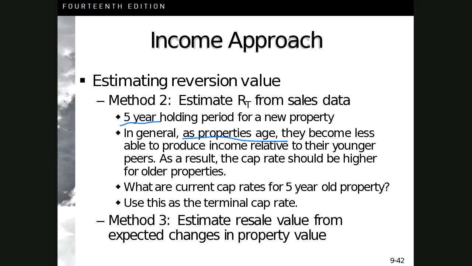So it will be less attractive over time. As a result, the cap rate should be higher for older properties. So what is the current cap rate for a 5-year-old property? In this case, we are really just looking at the age of the property and taking that as a factor.